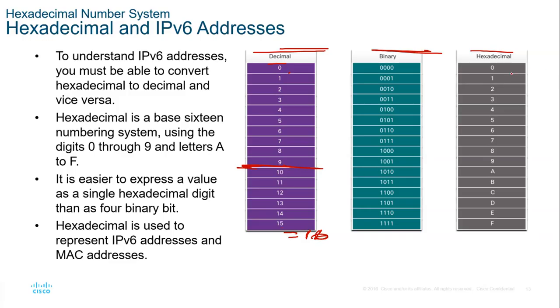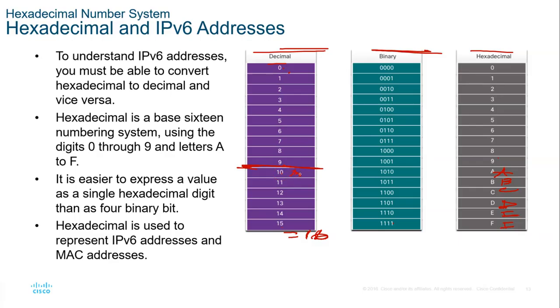Then when it comes to hexadecimal, we have 0 up to 9. Then from 9, we have A, B, C, D, E, F. So all we need to do is just to convert what you have here. But to be on the safe side, you should be able to map this starting from 10.